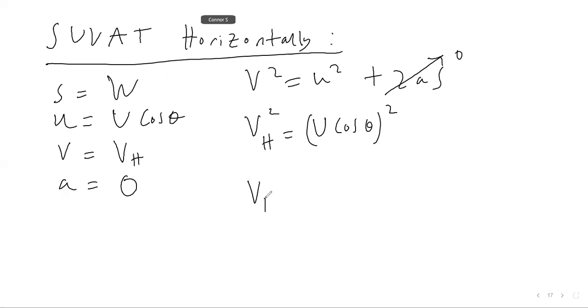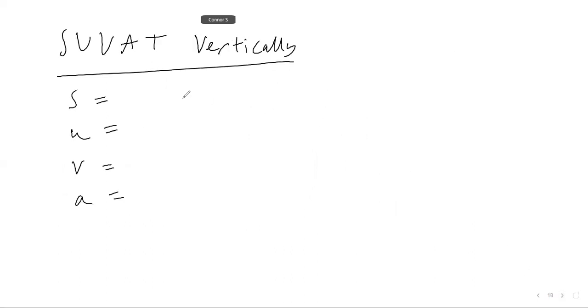So we get that VH is equal to u cos theta. That's no surprise, because the initial horizontal speed is the same as the final horizontal speed. There's no acceleration. If you don't accelerate, you stay at the same speed.